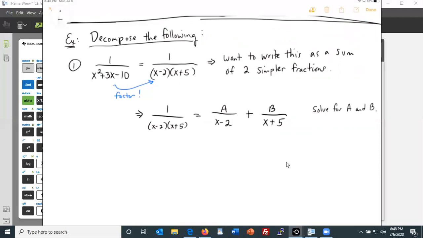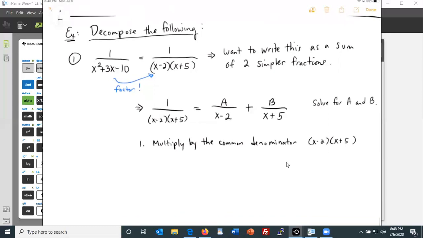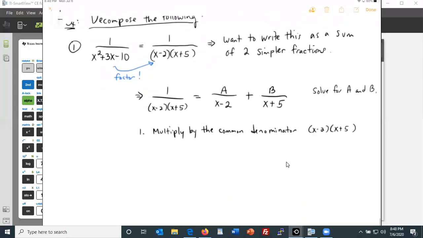So step one, we're going to multiply by the common denominator, which is going to be the product of your denominators, x minus 2 and x plus 5.